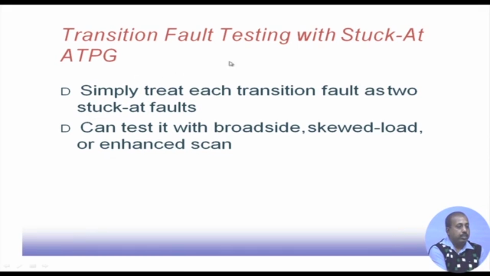So, transition fault testing with stuck at ATPG. So, simply treat each transition fault as 2 stuck at faults, and we can test it with broadside, skewed load or enhanced scan. So, there are various types of launch capture methods by which we can do this scan testing. So, all of them can be used for the transition faults as well.